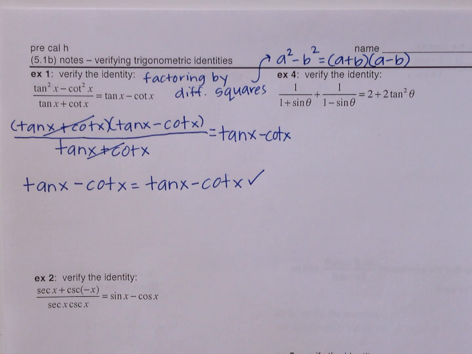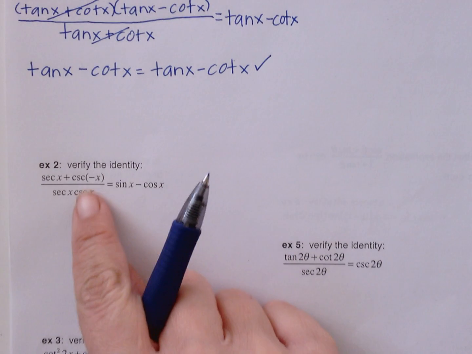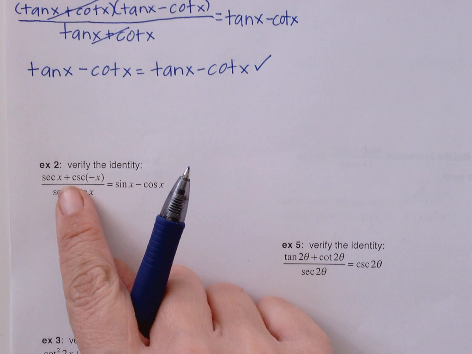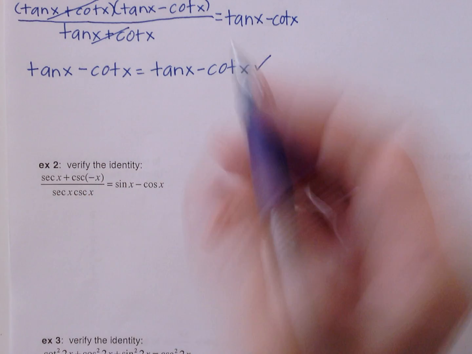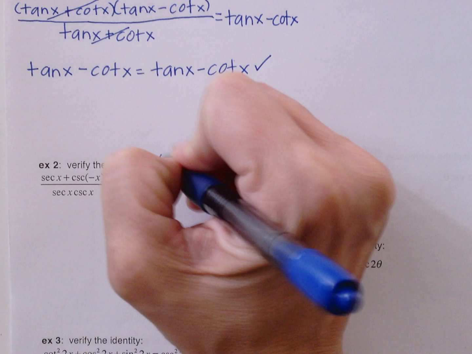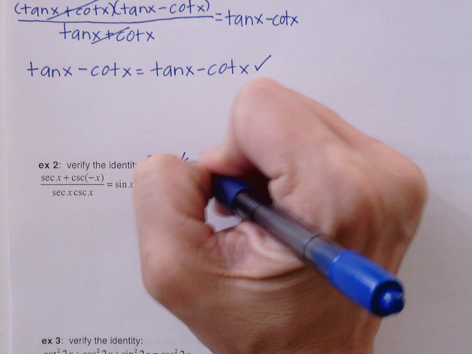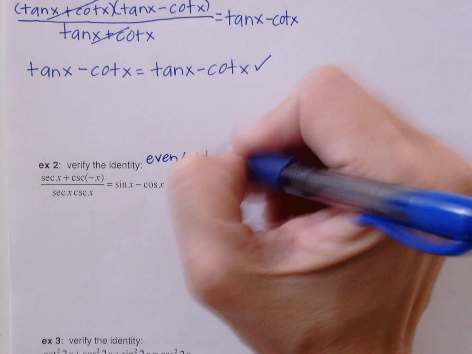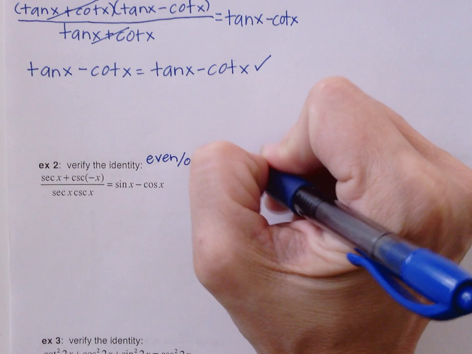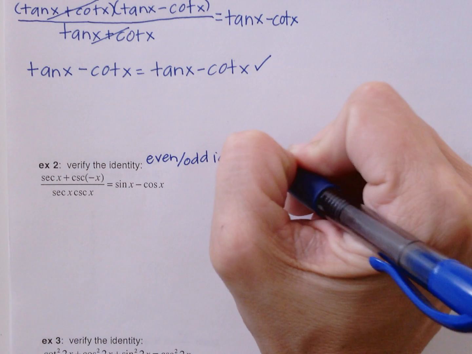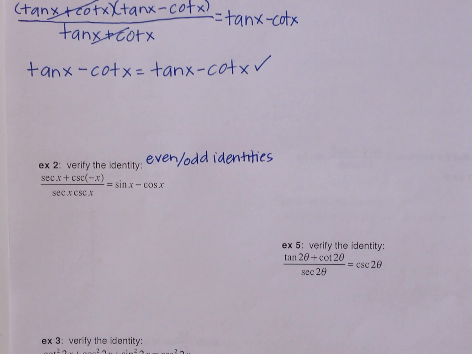Okay, so on this one, before we even get started, we're going to take a look at the problem. We see that there's this negative x and it's with cosecant. So we're going to want to take care of that first. In this particular problem, we are practicing our even and odd identities. We're actually only going to practice one, but we have that little sheet there.